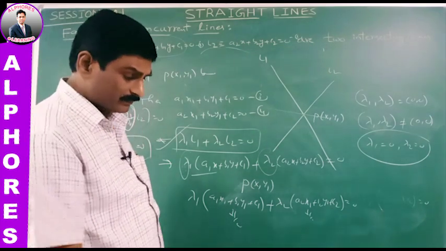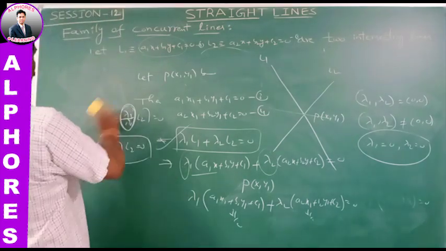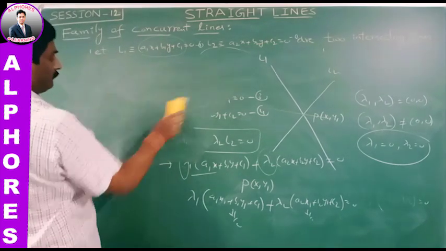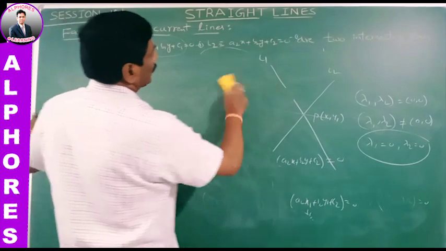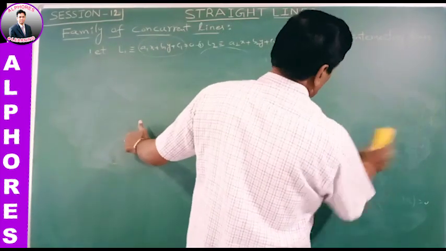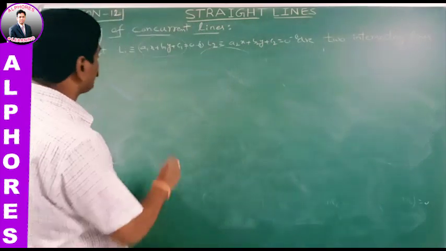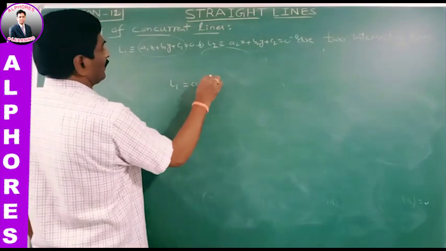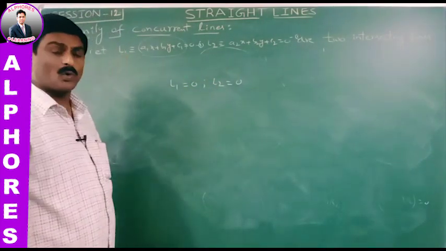Please note this point. Let L1 is equal to 0, L2 is equal to 0 be two intersecting lines.